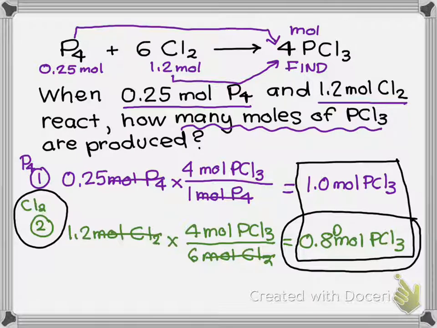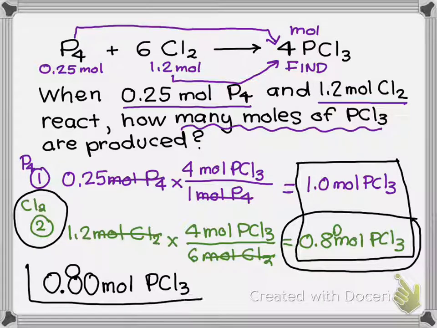So when I look at my question, it asks how many moles of PCl3 are produced. You're always going to pick the smaller of the two when you compare. So the answer is I'm going to produce 0.8 moles of PCl3.